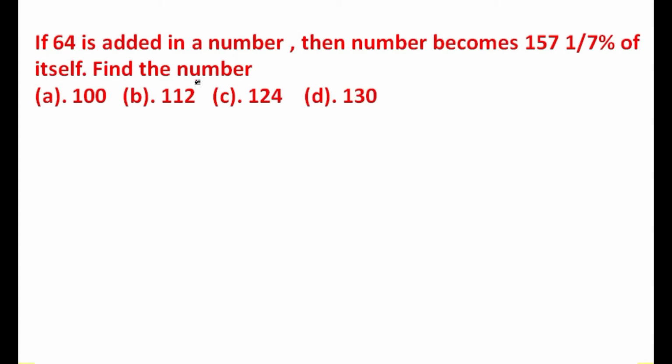Okay, this is almost the same question, just we have changed the data, that's it. Only the data is changed, rest everything is same. Okay, do you know what is the value of this fraction? 157 1 by 7%. Tell me.